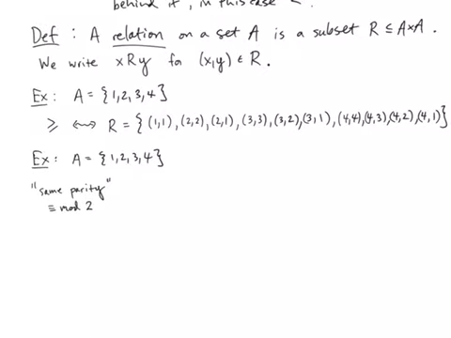And so two numbers have the same parity means that they're either both even or both odd, and in either case their difference is divisible by 2. So that's what equivalence mod 2 means. And that is going to be equivalent to the subset.